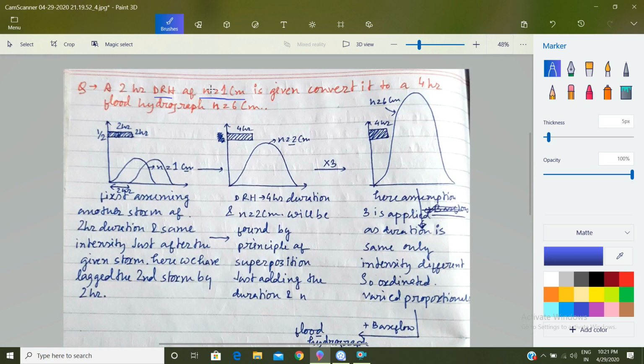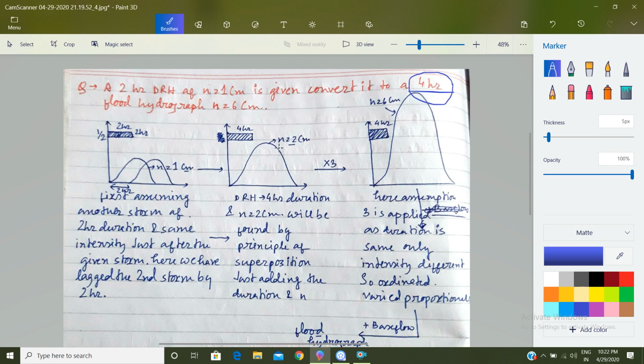This means this is a unit hydrograph only. Convert it to a 4 hour flood hydrograph of n equal to 6 centimeter, meaning now a 4 hour storm is occurring, not 2 hours. So you need to understand, after the 2 hours another 2 hours of storm has occurred. We can easily assume this, so the 4 hour duration of storm occurred.